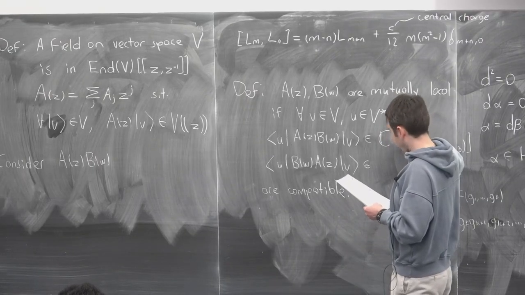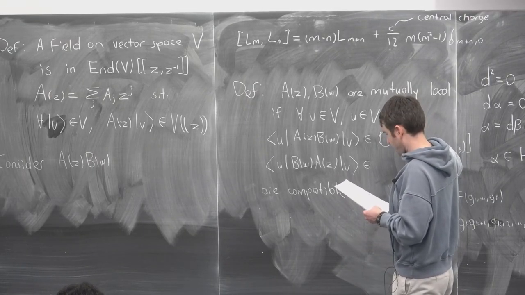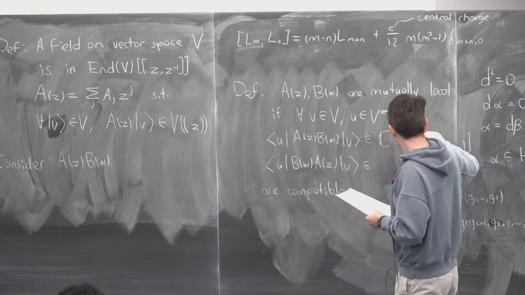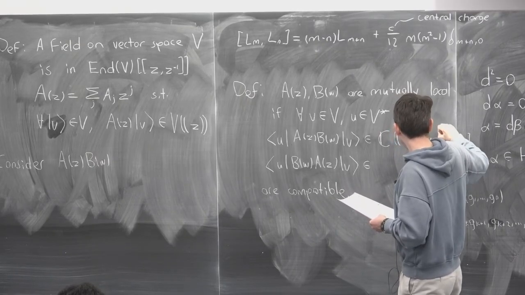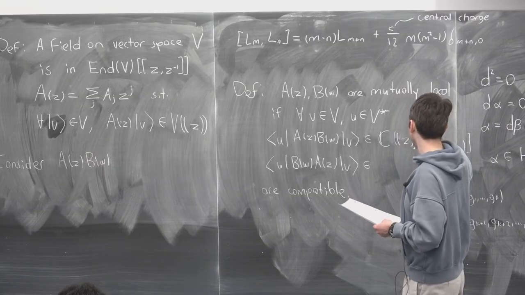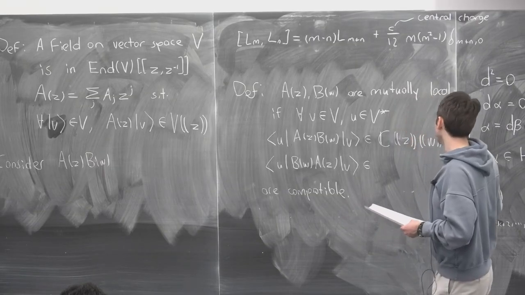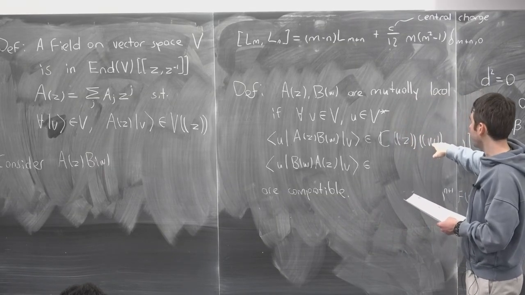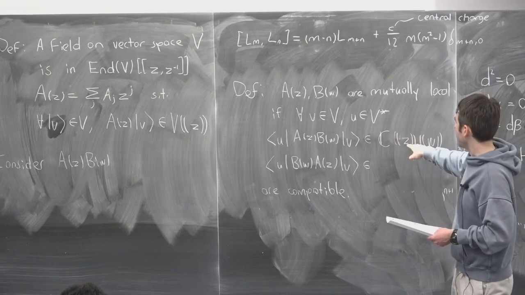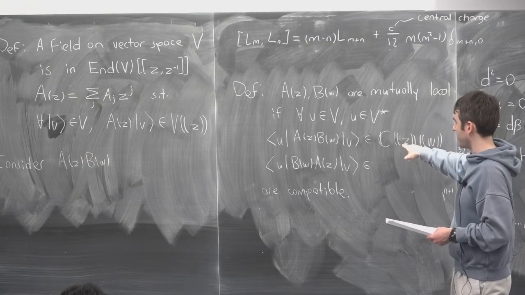So here there's a global bound on the negative powers you can have with respect to W. And then for each power of W, there are only finitely many negative powers of Z that you can have.